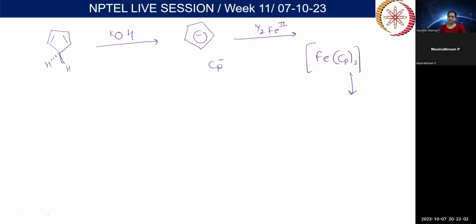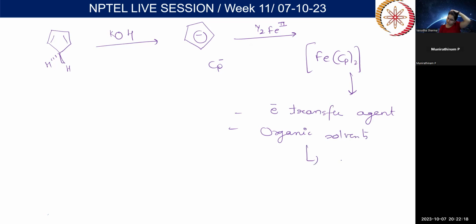This complex is particularly an electron transfer agent. In organic solvents it does not react, and it acts as an internal reference for monitoring the applied potential. So it would have a CV pattern.